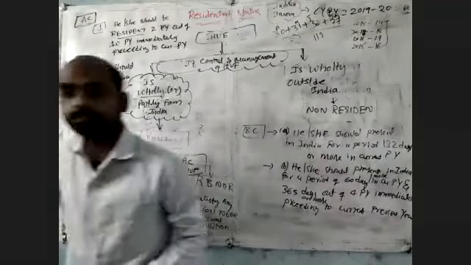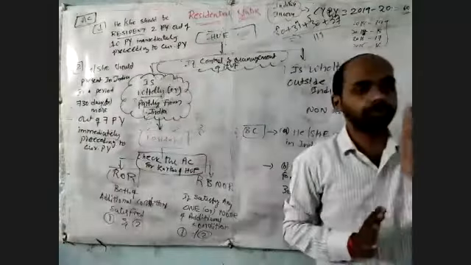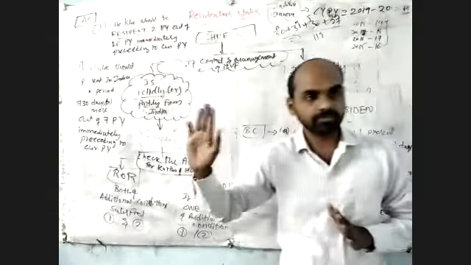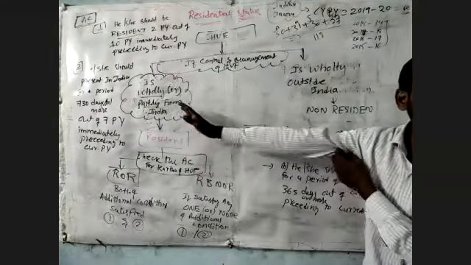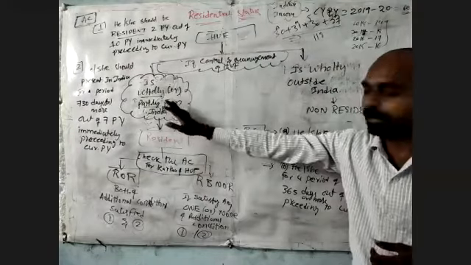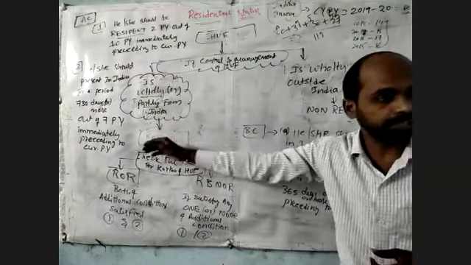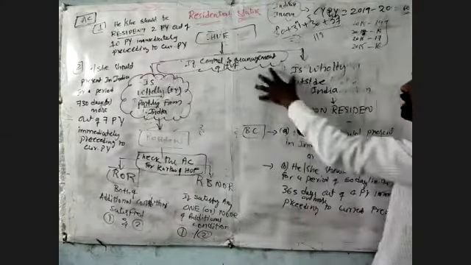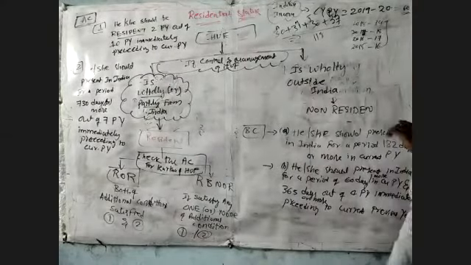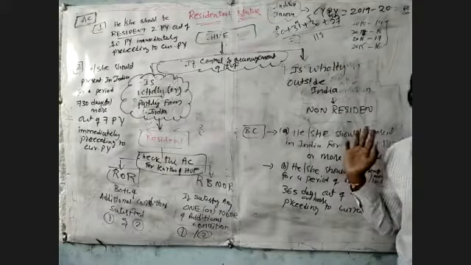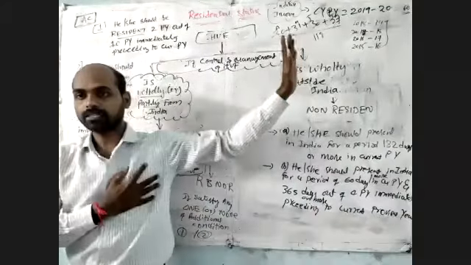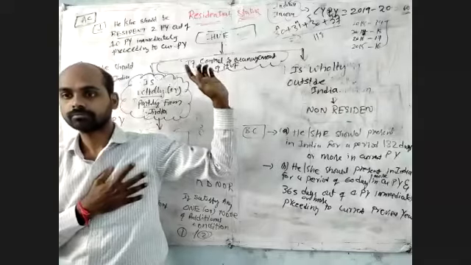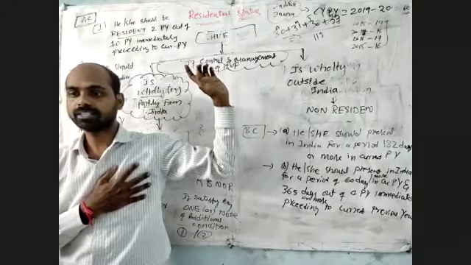For other categories, for partnership firm, AOP, BOI and others, if control and management is wholly or partly from India, it will become resident. If control and management is wholly outside India, then it will become non-resident. Check it once in the textbook.